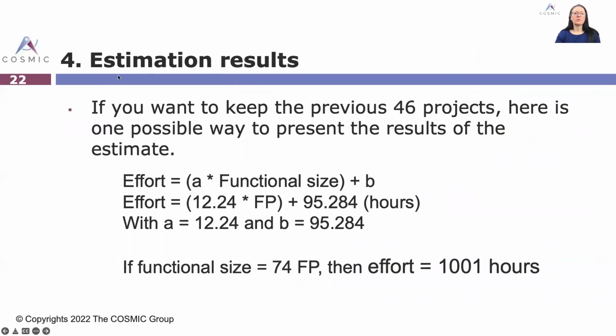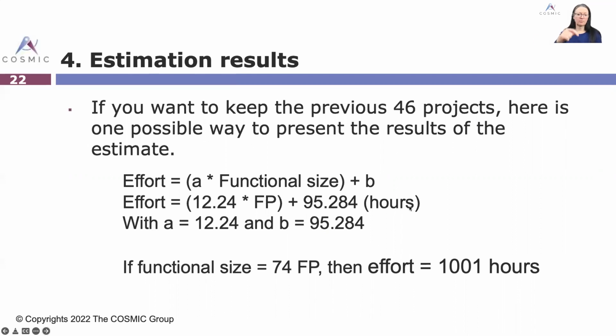Now, if we want to estimate the result, if we want to keep the previous 46 projects, there is one possible way to present the results of the estimate. Now, we know that the effort equals A times functional size plus B, in that case, 12.24 times number of function points plus 95.284 hours.